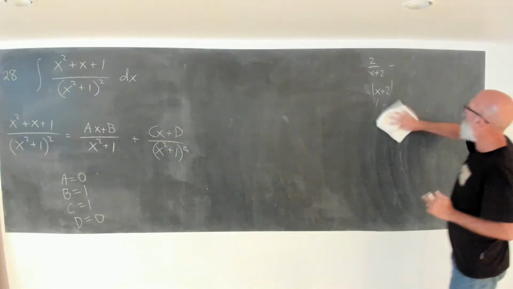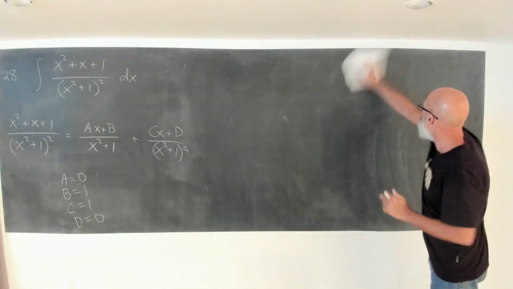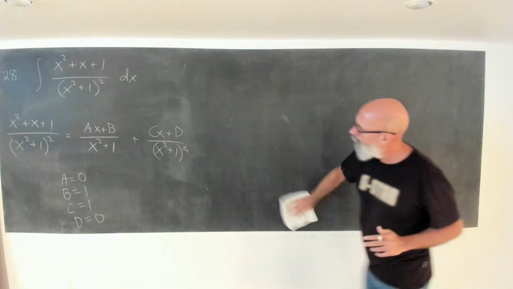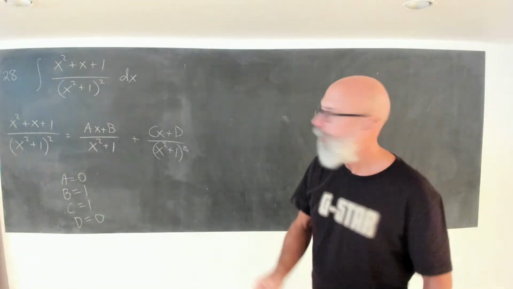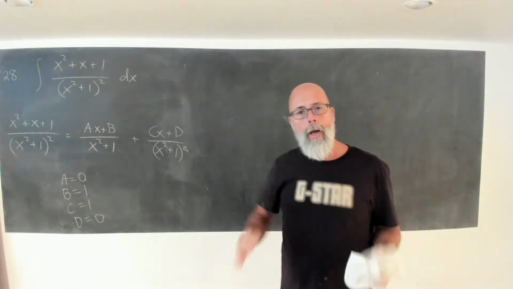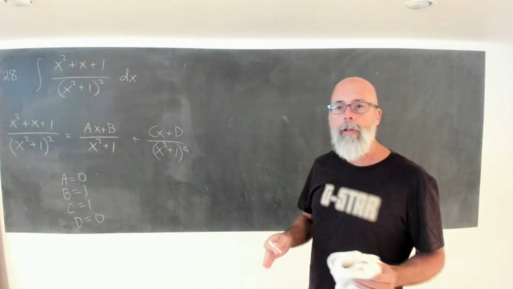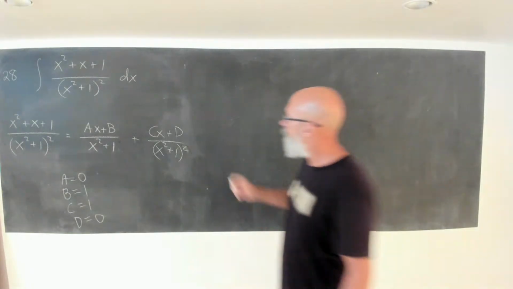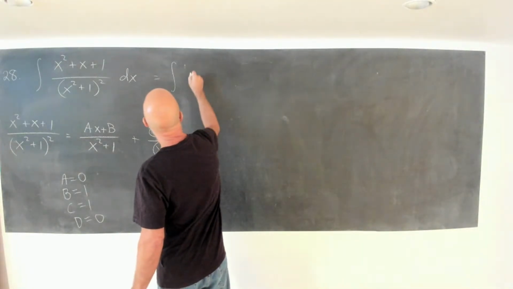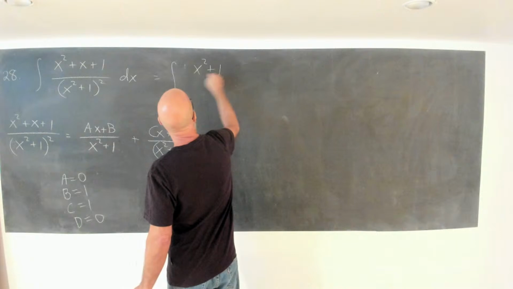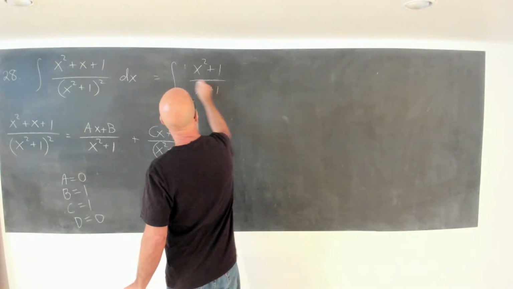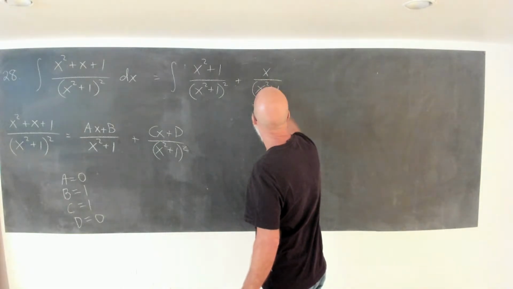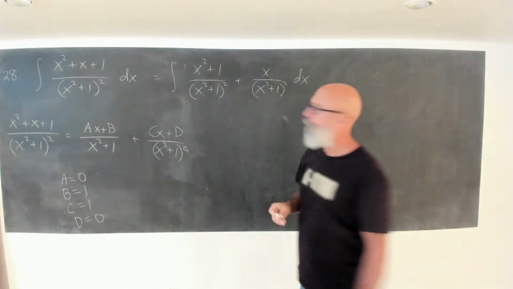Can you see how Amir came up with the answer so quickly? By decomposing the integrand into two fractions. Right?